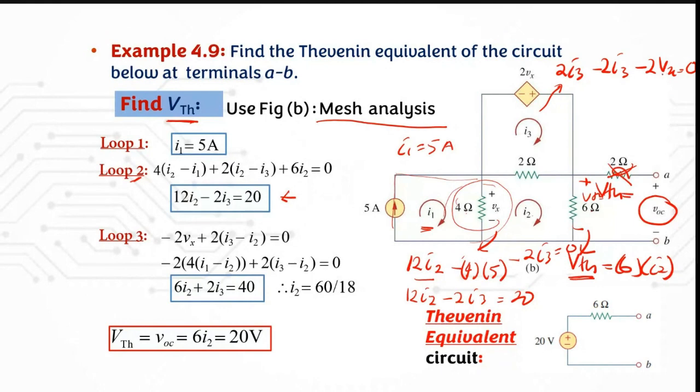Why is it 20? Because Vx equals I1 times 4, which is 5 times 4, so you get 20. When you times it here, you can get 40. So that's why you will have this equation for your loop 3.